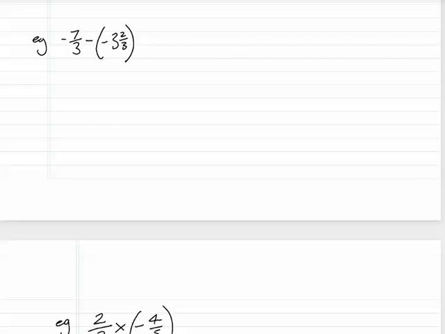Okay, negative 7 over 3 minus negative 3 and 2/3. Remember, it's often easier if you've got any mixed numbers, you make them improper fractions. You can see as soon as we look at this that the negative in the middle is going to be a plus.